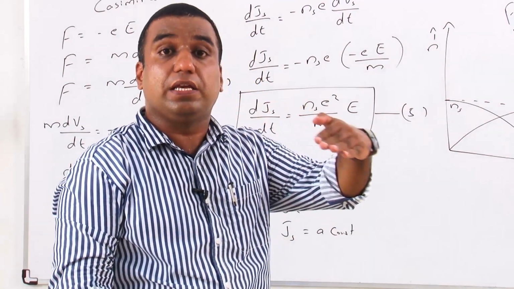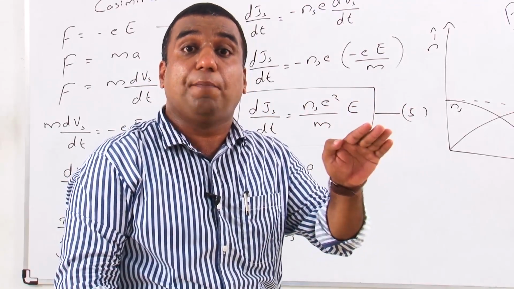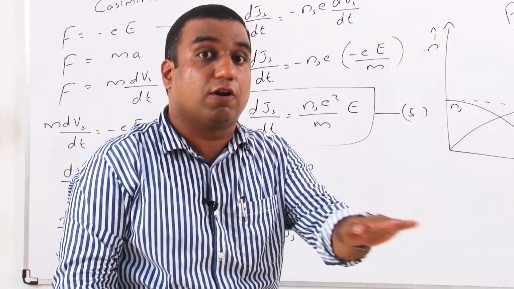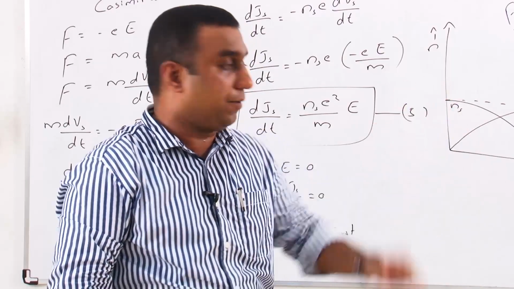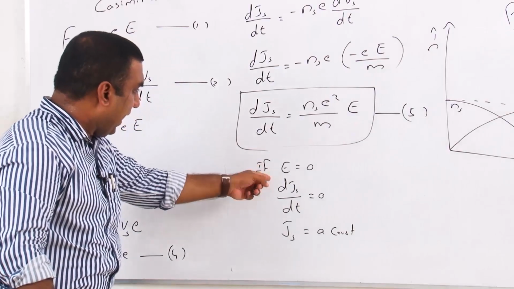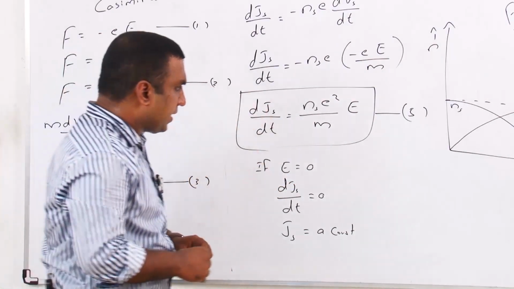So in order to maintain a constant current inside a superconductor, the application of electric field or potential difference is not necessary. This fact that E is equal to 0 takes us to another thing.